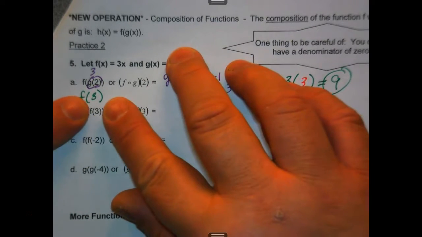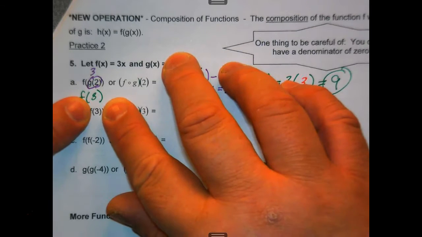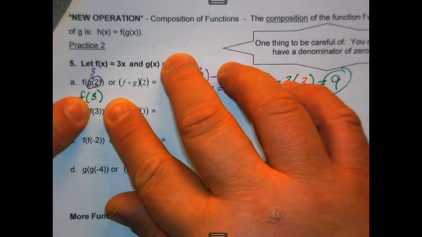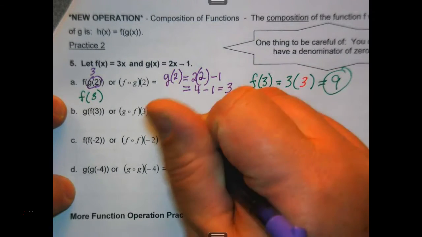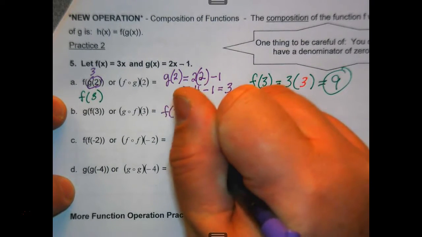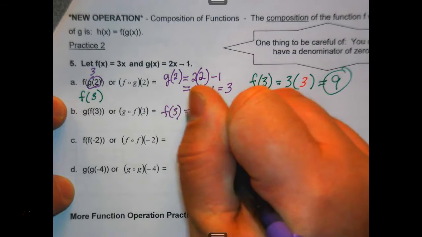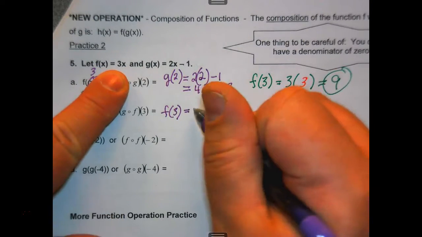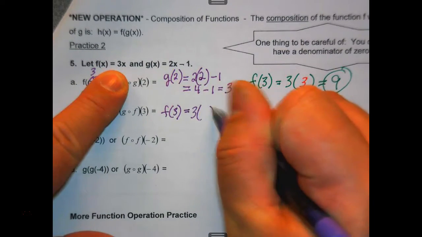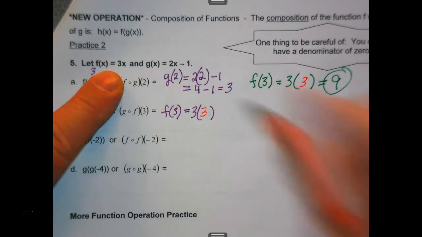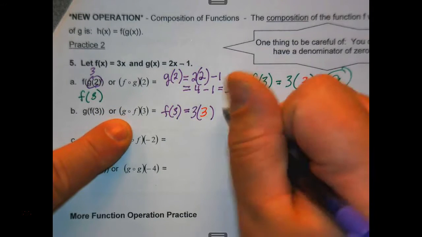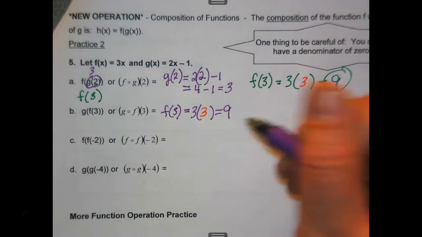So I start with the innermost function, which is the f of 3. So I need to find the f of 3, which equals, well, let's see, I have 3 times x. Oh, we did this already up on the top one. So the f of 3 is going to equal 9.